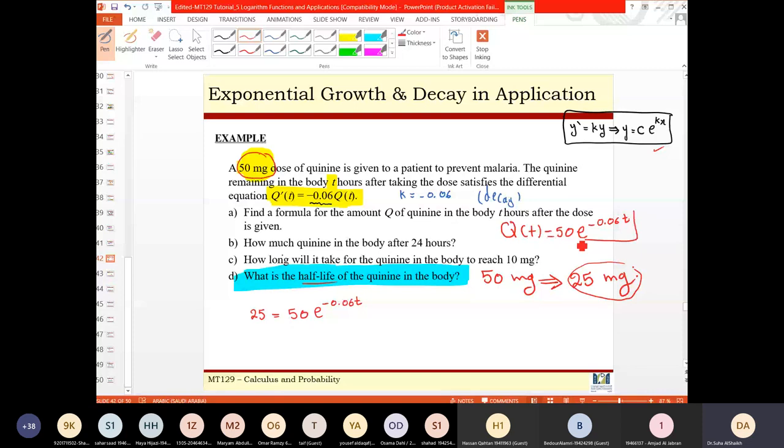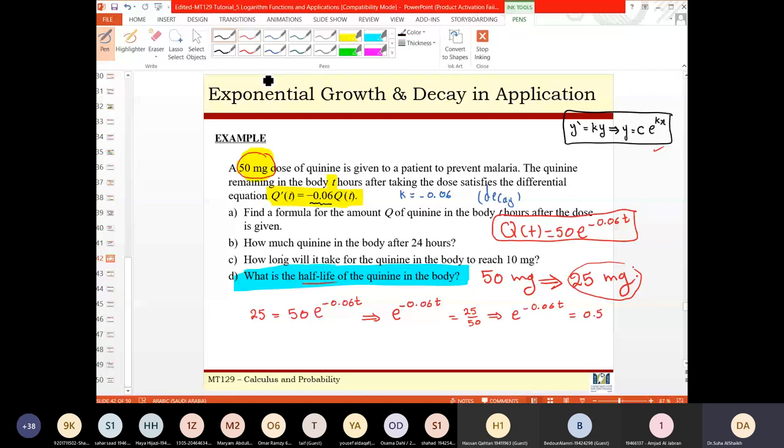The whole equation I want it to be just 25, half of the amount. So from here, I divide both sides by 50. It will give exponential minus 0.06 t equal to 25 over 50. What's 25 over 50? It's half. So exponential of minus 0.06 t is equal to half, 0.5.